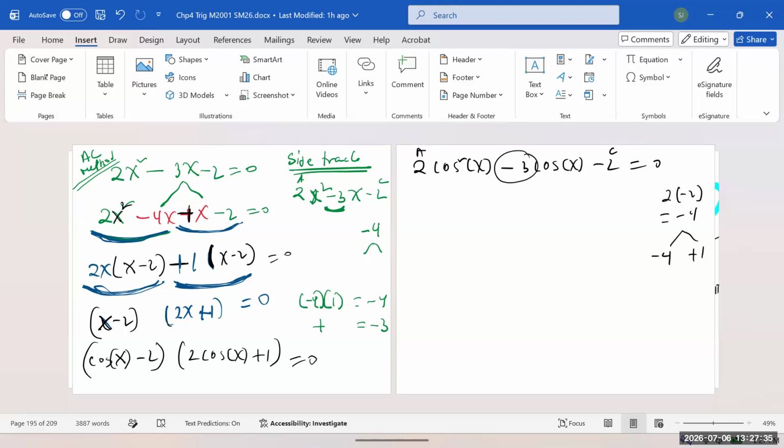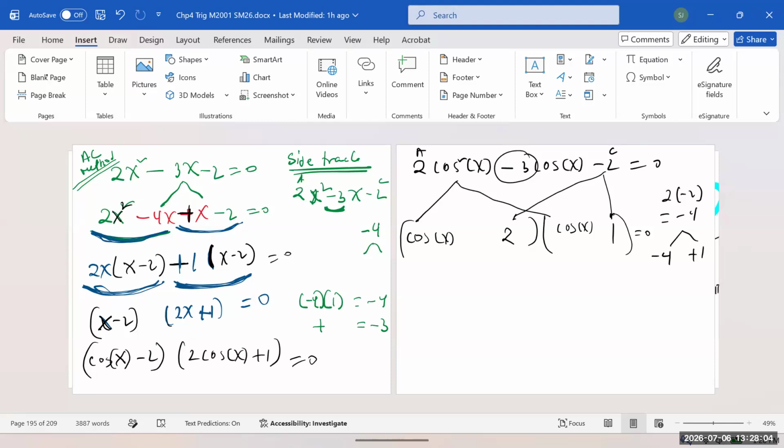Now, once you figure out these two numbers, you're going to split your cosine square into 2 pieces. One is cosine x, one is cosine x. So we are going to make 2 pieces of parentheses. And now we are going to split these into 2 pieces, 2 and 1.